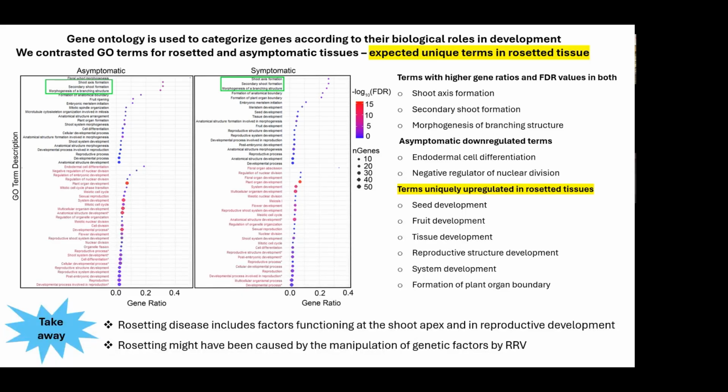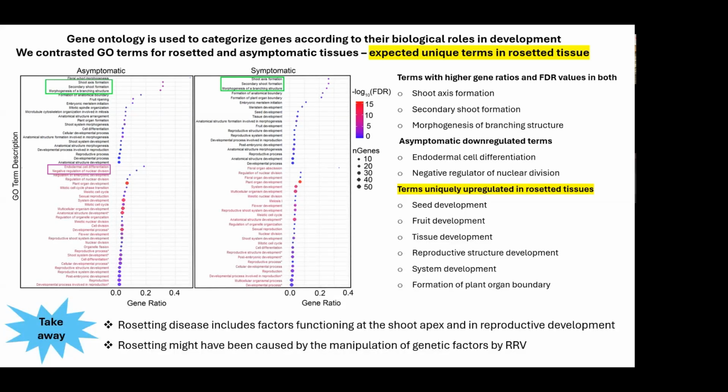Because this didn't tell us the source of rosetting, we went ahead to look at the asymptomatic related terms. The terms we found were endodermal cell differentiation and negative regulation of nuclear division. So these were only downregulated in asymptomatic.